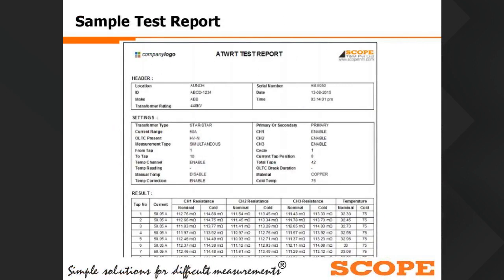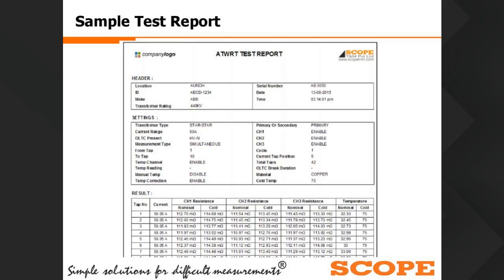So this is a sample test report for your reference. The user can add location, then serial number of the transformer, then ID, then make of the transformer, then rating of the transformer, then transformer type, whether star delta or delta star, then current range, and OLTC.